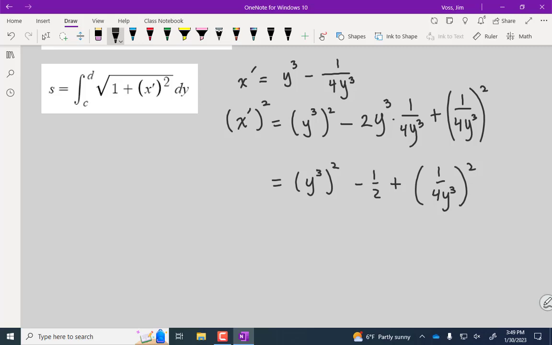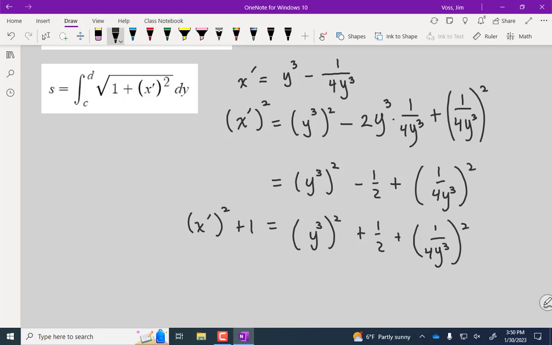So we started here, then we went here. Now when we add 1, that's going to put us up here. When we add 1, we're going to have x prime quantity squared plus 1. The only thing that changes when we add 1 is that we now have modified the middle term, and all we did was change the sign. Now we have another perfect square trinomial.